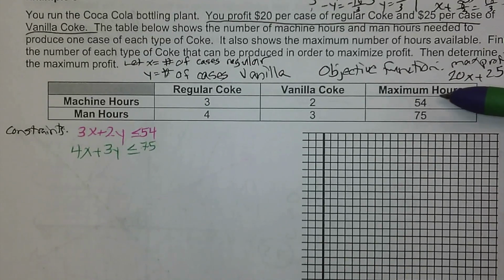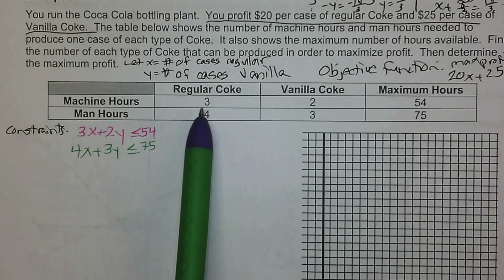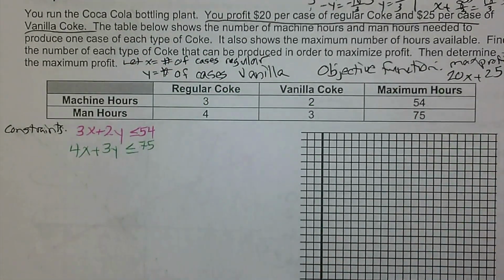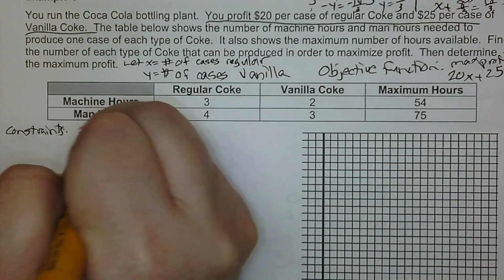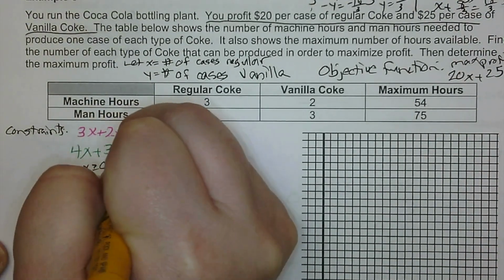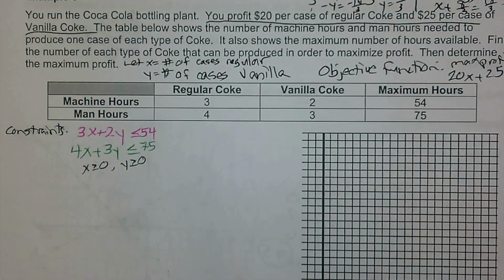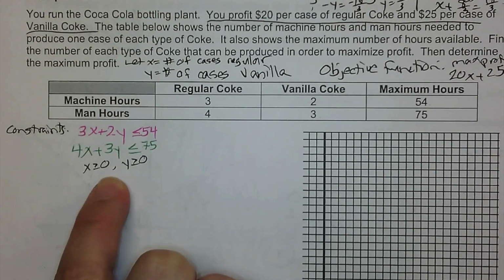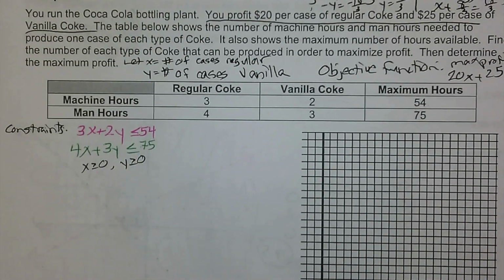Although the chart might be a little confusing at the beginning, you got to figure out what it's telling you. I do actually like it better than having it in the words. Makes it easier for me to find the numbers I need. We have the trivial also. You can't have negative cases of Coke, which means these two right here, that we're only in quadrant 1.